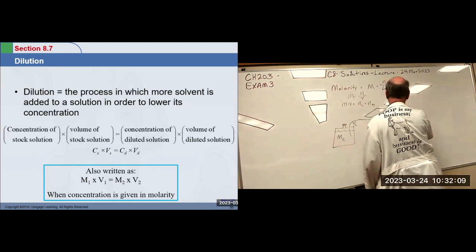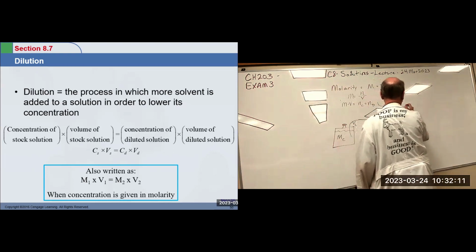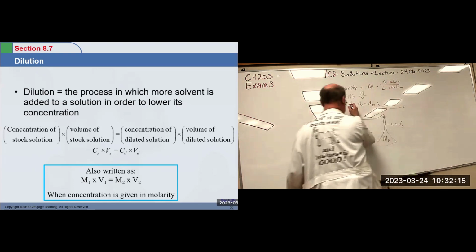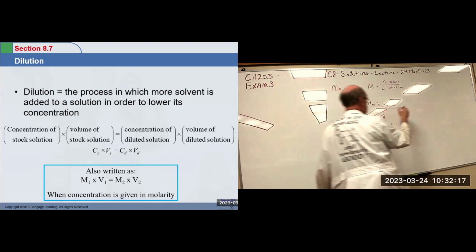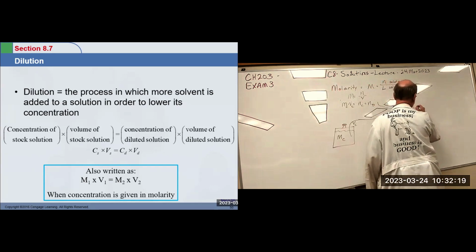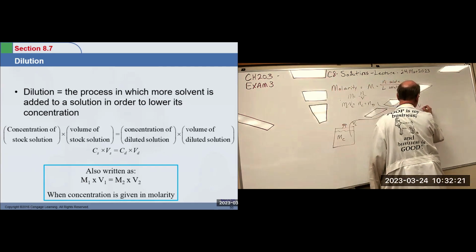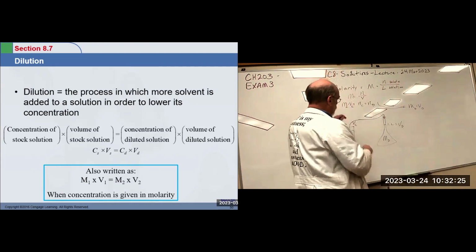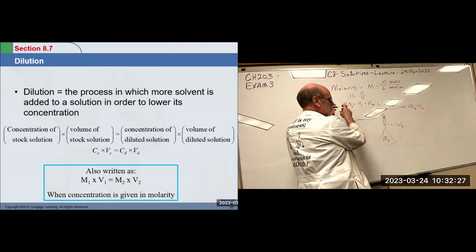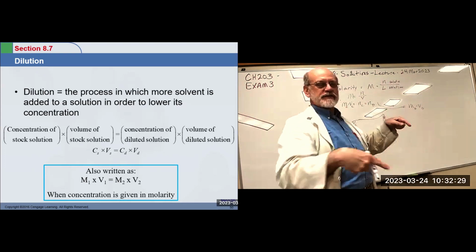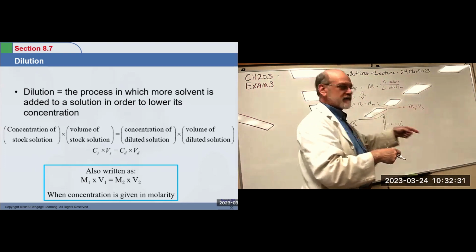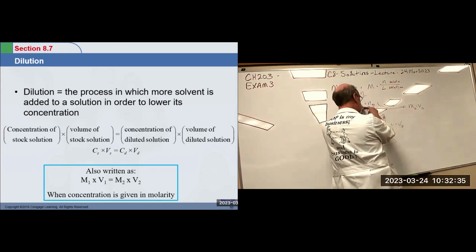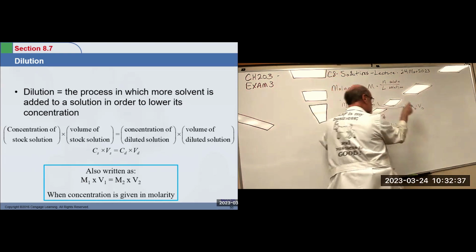Well, what does that equal to? This is concentrated. That's equal to molarity of the dilute times the volume of the dilute. Okay, so if A is equal to B and B is equal to C, then A is equal to C. So if this one's equal to that one, and these two are equal, that means this is equal to that.